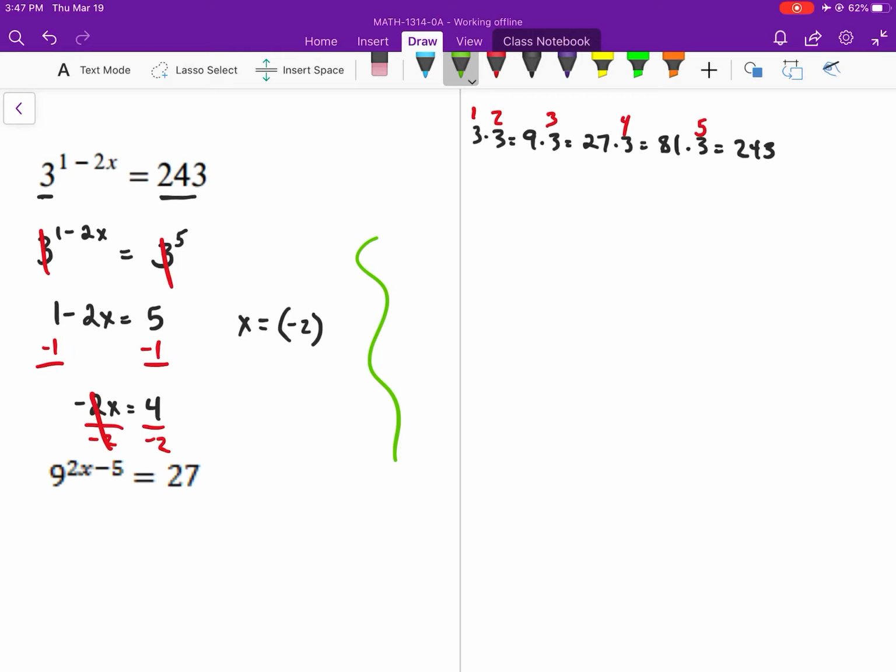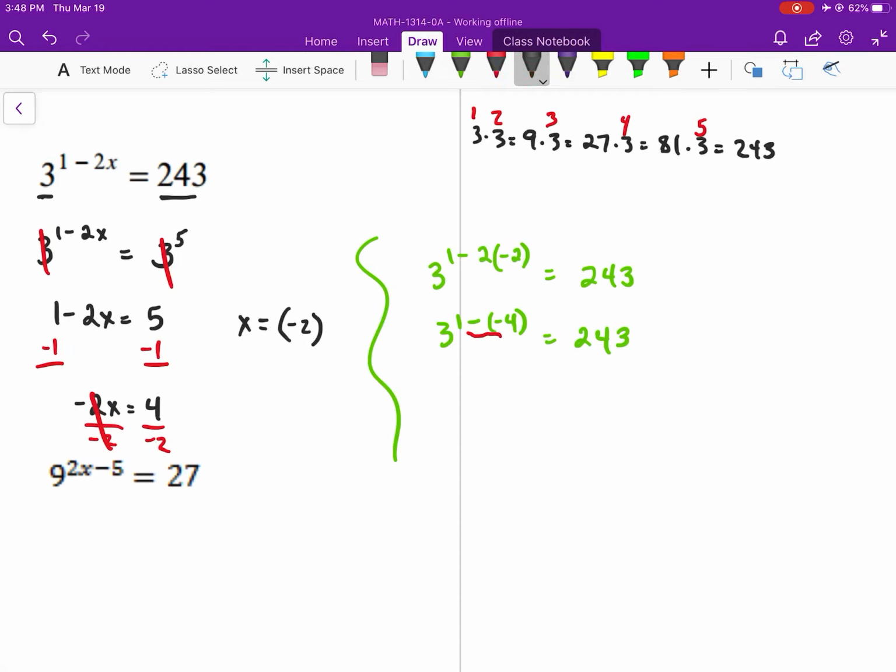Last but not least, we have a quick check to do. 3 to the power of 1 minus 2 times negative 2 equals 243. 2 times negative 2 happens to be negative 4, right? And we see right here, what happens with that?